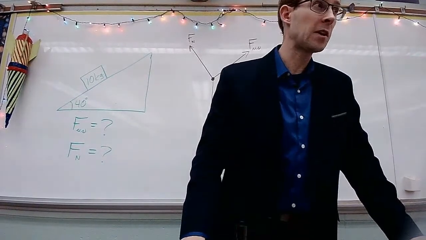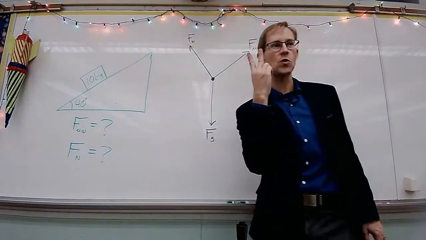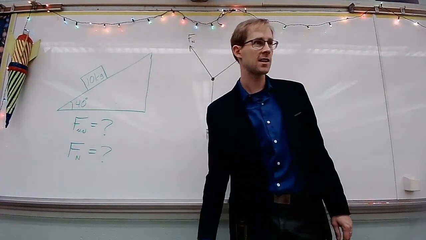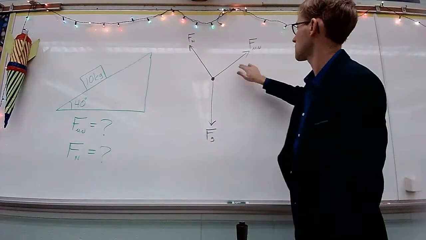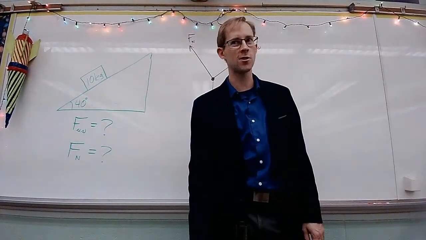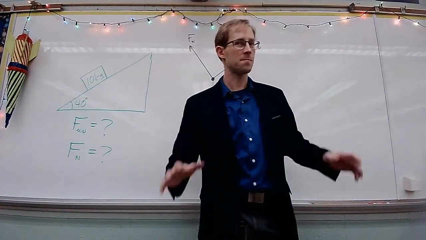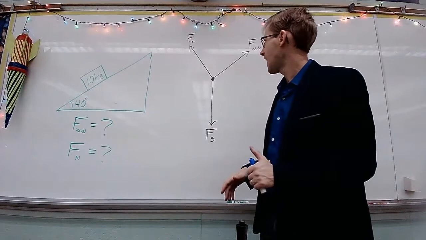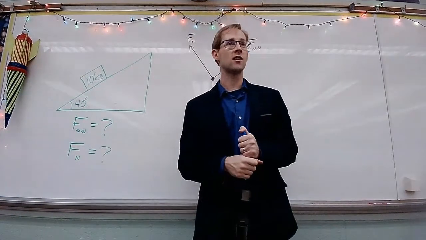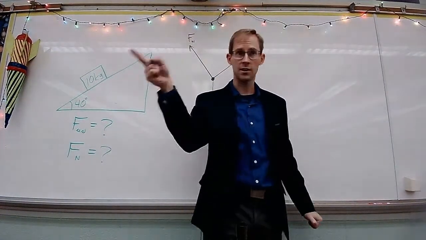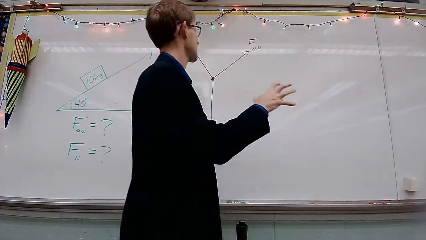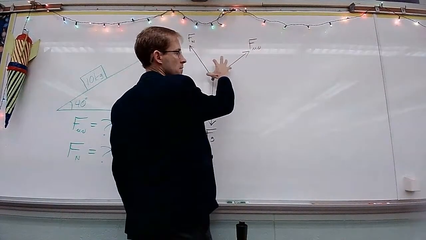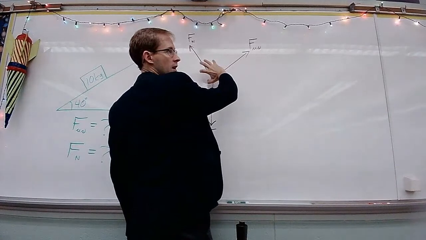But this is a little bit different, because now we've got 2 forces that are not acting in the x and y direction. Normal force and friction, and that simply will not do. So what we do, believe it or not, to make our lives easier, is we take our x and y axes that are usually straight up and down, left and right, and in this case, we're going to rotate them a little bit counterclockwise.